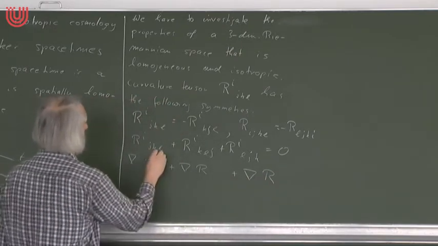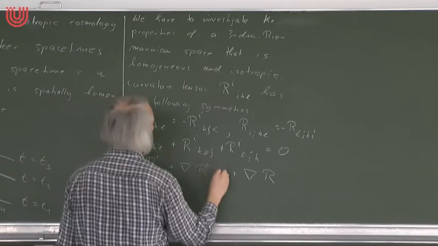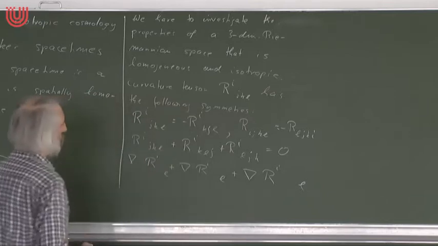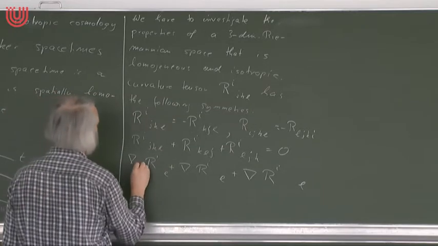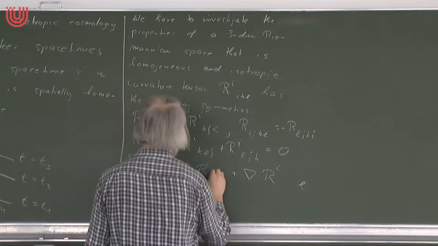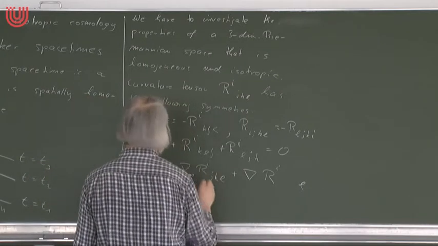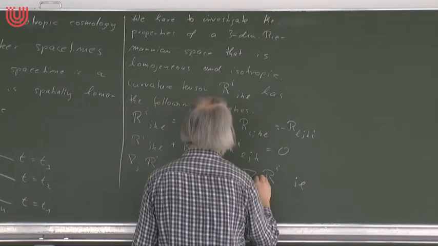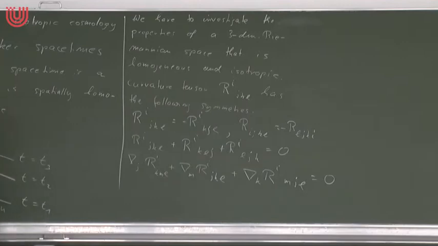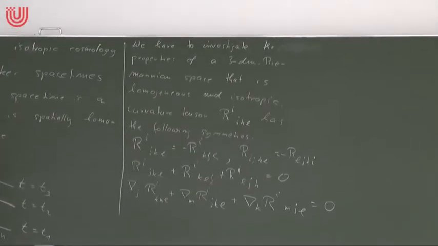So here I have I and L, and then again, the other three are permuted cyclically: J, K, M. And this is again 0. So these are the identities we have at our disposal.